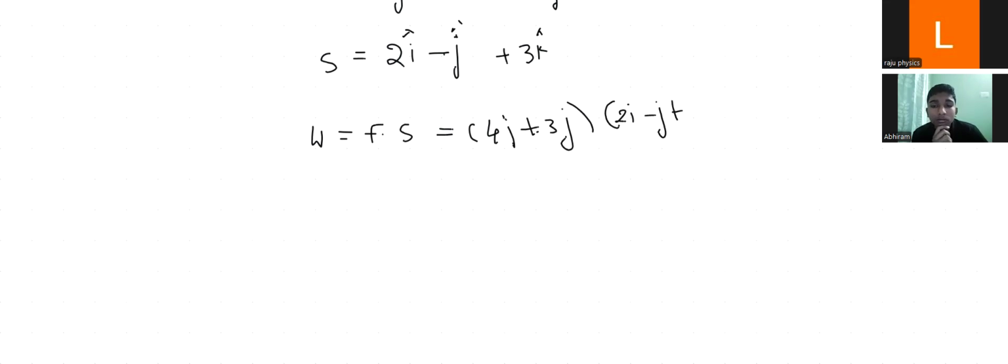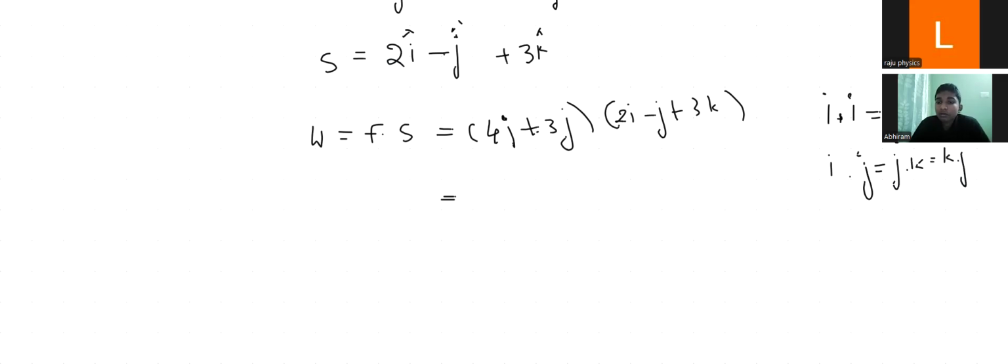In the dot product, we know i dot i, j dot j and k dot k are equal to 1, and i dot j, j dot k and k dot i are equal to 0.